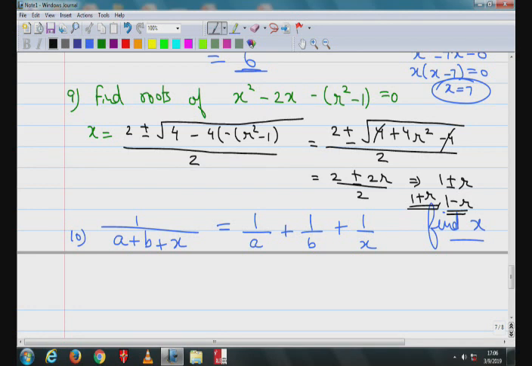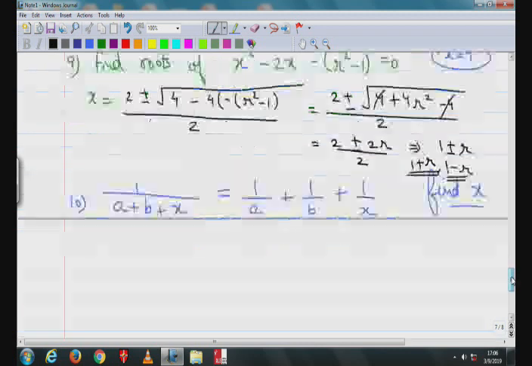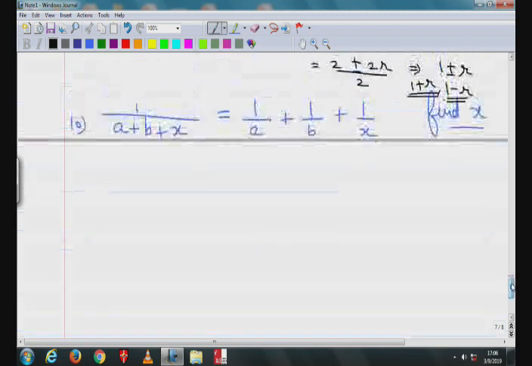What is the answer for this question? See, take this 1 by x on the left hand side.